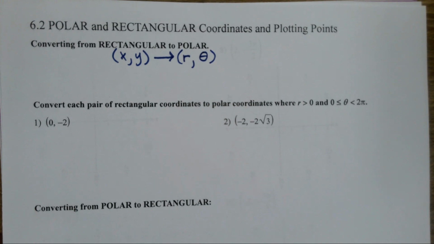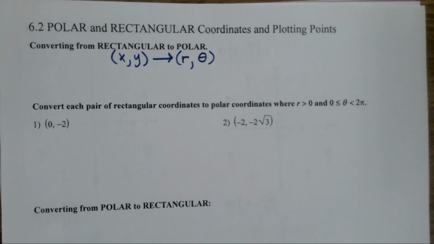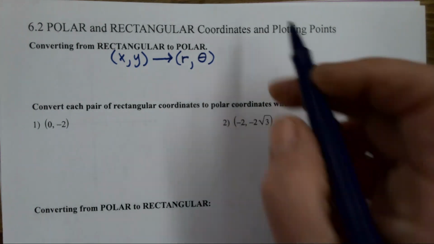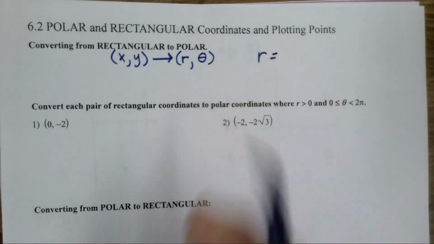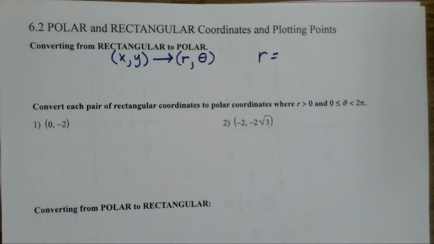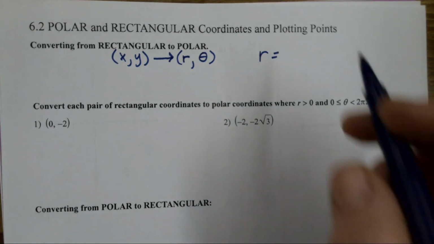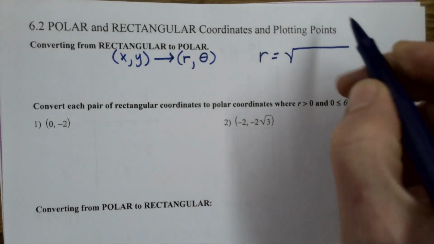And then we actually figured out on our own how to find both r and theta. R is found by doing what? Might have to look back, but it was based off of the Pythagorean theorem. Beautiful job. Square root of x squared plus y squared.